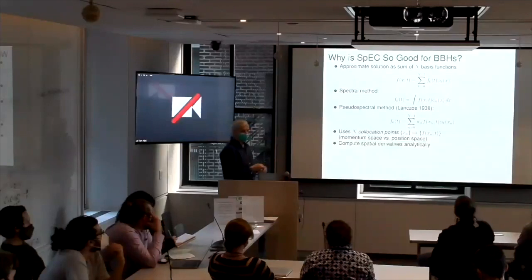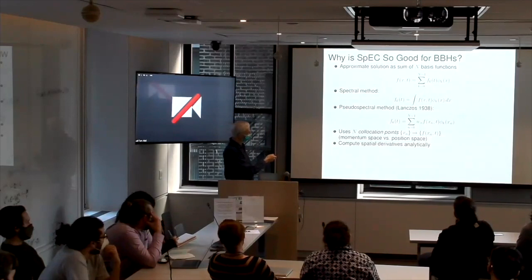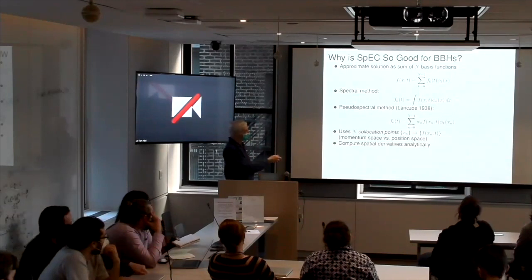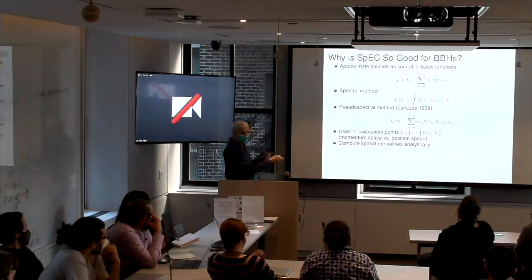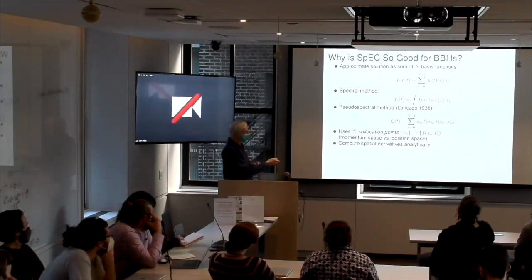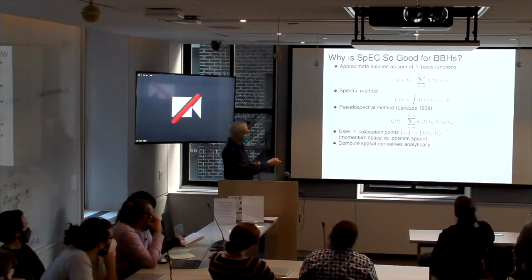So what turns this into a good numerical method is turning this from a spectral into a pseudo-spectral method, which again is not recent. Instead of doing an analytic integral here, which is very restrictive, you evaluate this integral by a Gaussian quadrature.